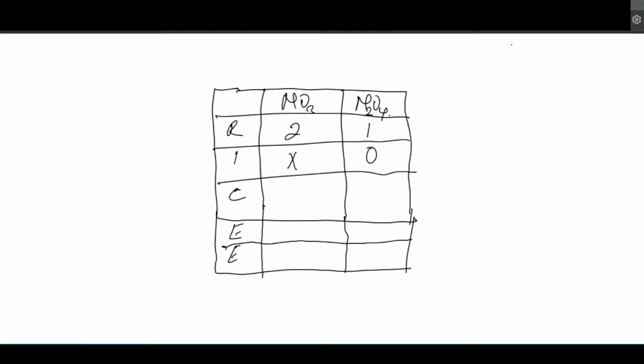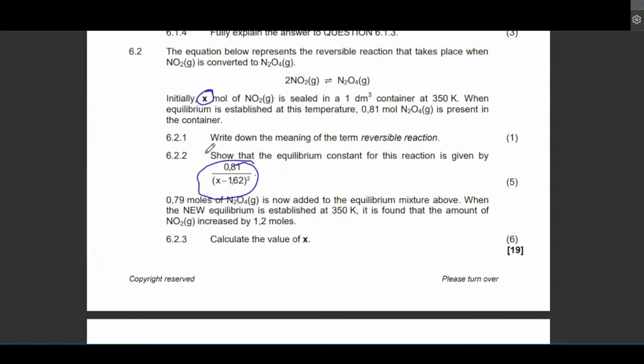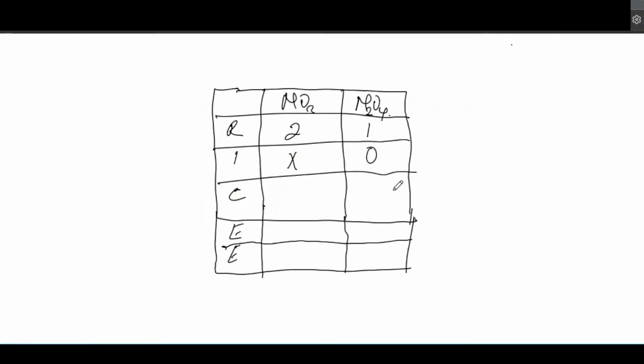Now they are saying that 1 decimeter cube, that's the volume. They say that when equilibrium is established at that temperature, 0.81 moles of dinitrogen tetraoxide is present. So at equilibrium, you'll find that 0.81 is there. It means that that is what is produced, and it is the same thing that is at equilibrium.